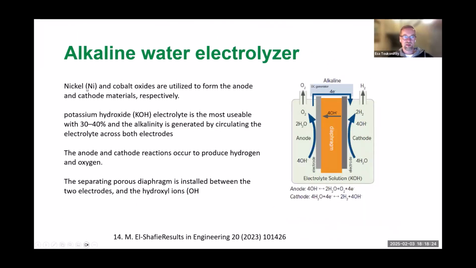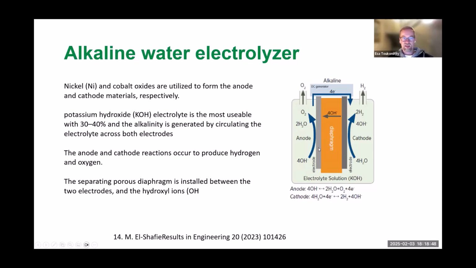And here nickel and cobalt oxides are found as the catalytic elements on the anode and the cathode. So nickel on the anode side and cobalt on the cathode side. So different metals. Why different?